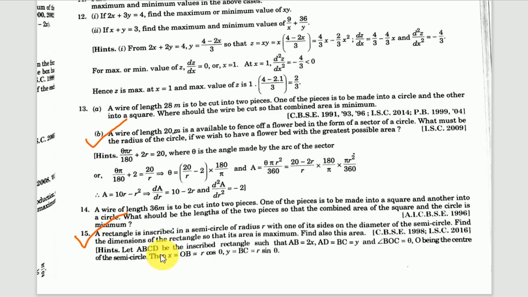Find the dimensions of the rectangle so that its area is maximum. Find also this area. So here we have to find length and breadth of that rectangle such that its area is maximum, and we also need to find the area.